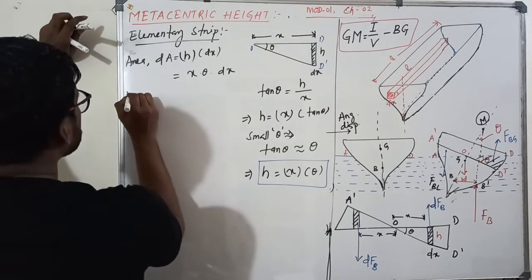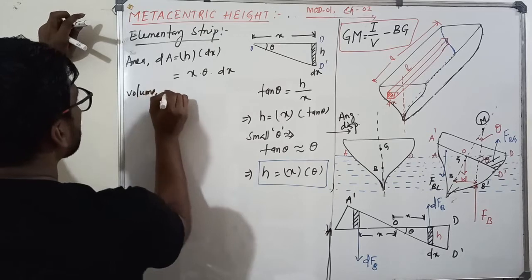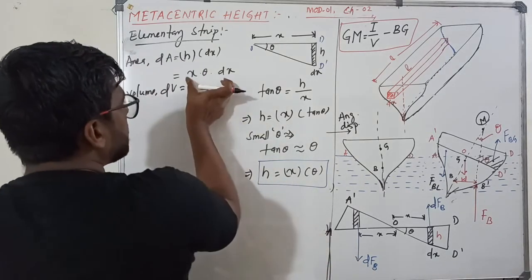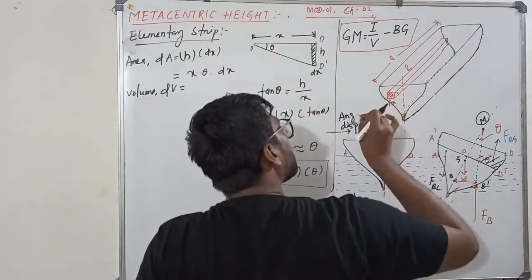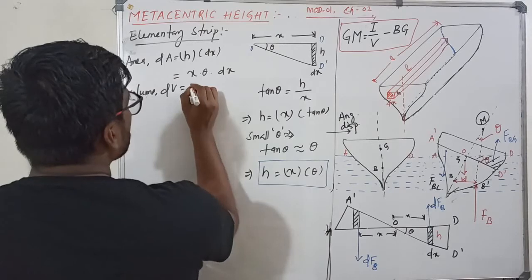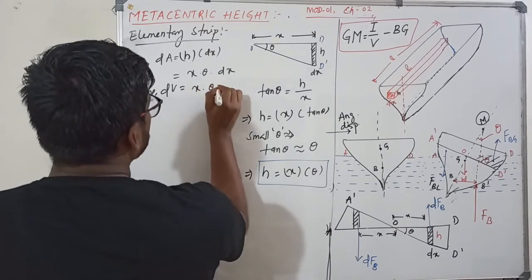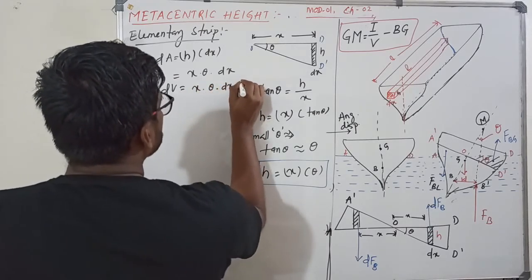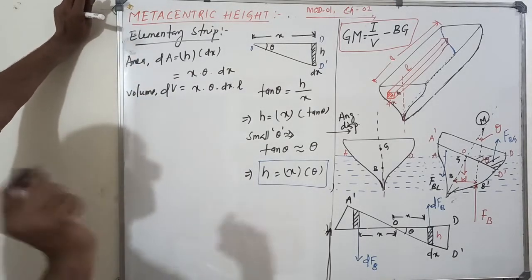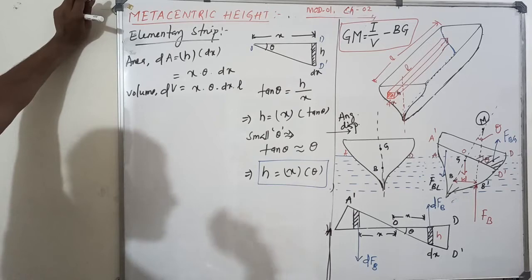Then what is going to be your volume? Volume of the elementary strip dV is x theta into dx multiplied by L. This is the volume of the elementary strip.